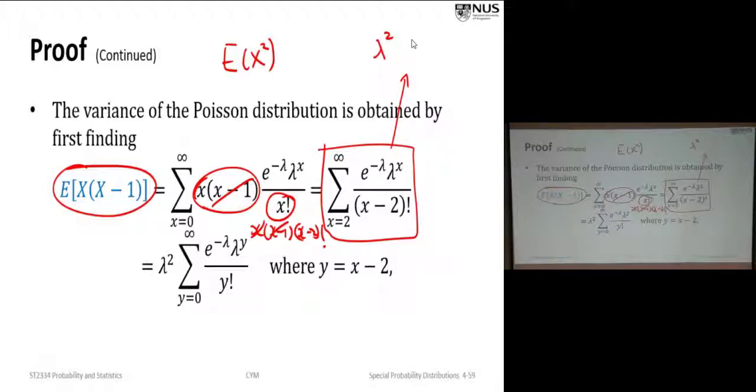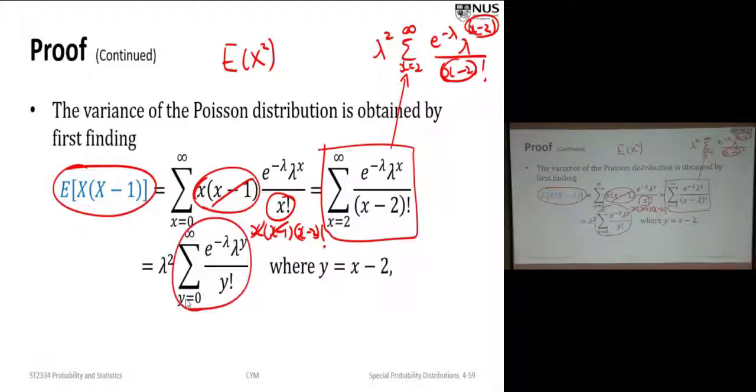So I have e to the power minus lambda, lambda to the power x minus 2, over x minus 2 factorial, x starting from 2 to infinity. So now I change this to, let's say, y again, y equal to x minus 2. Then this becomes like this. All right? So this equals 1. So in other words, the expectation of x times x minus 1 equals lambda squared.